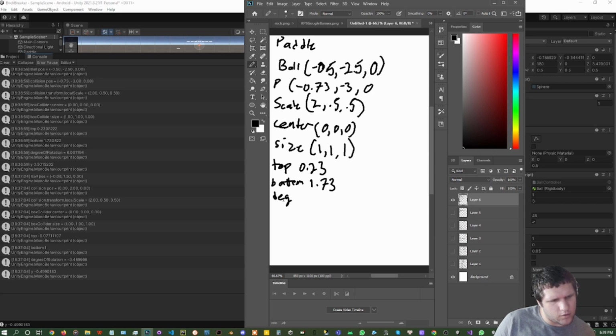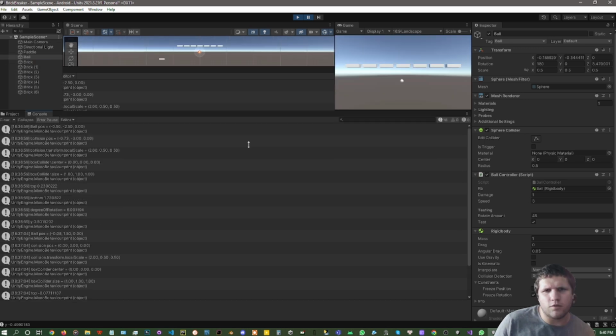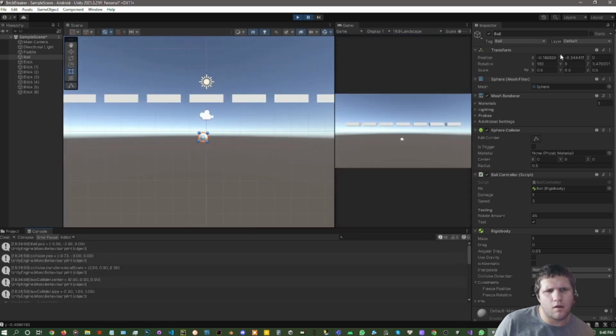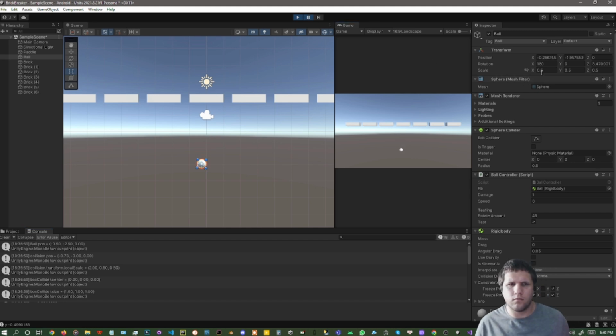Okay, so kind of all of the degrees of rotation are pretty bad. I thought the degree of rotation was okay. So let's try 0, 0, 1, go.